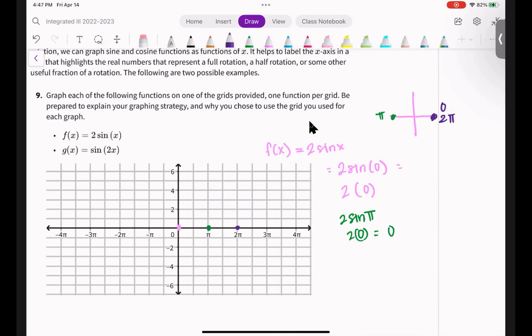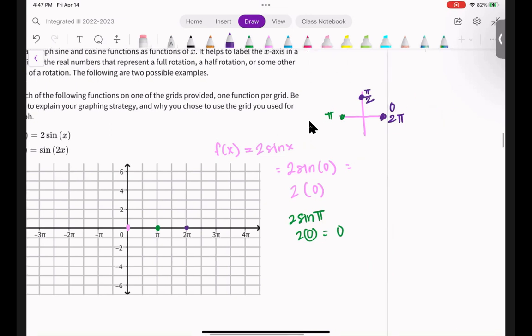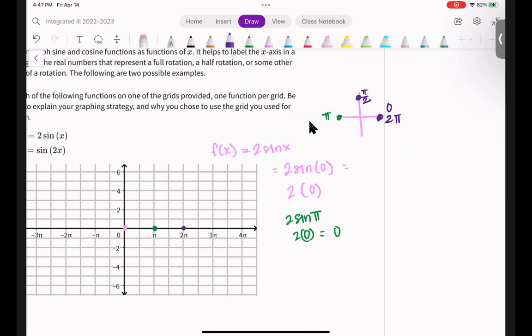And you're right. So now I'm going to plug in the points in between and see if I can get any information. I'm going to plug in this one up here, which is called pi over 2. I want you to focus because this is sine. I'm looking at the y coordinate. So this is 2 sine of pi over 2.